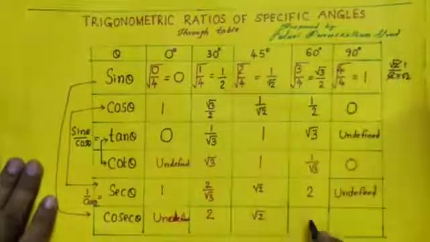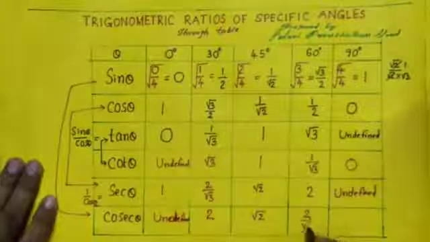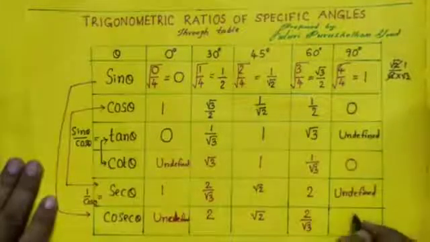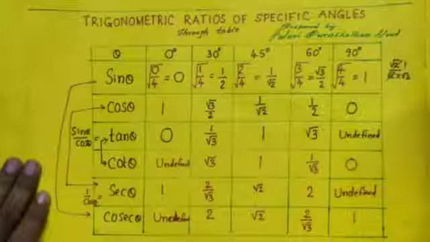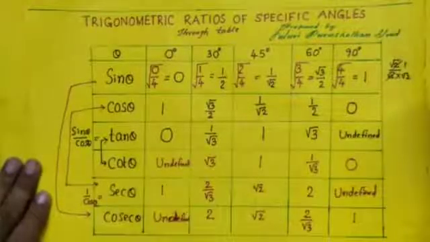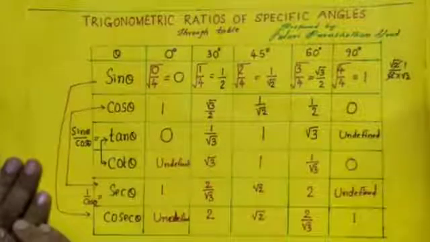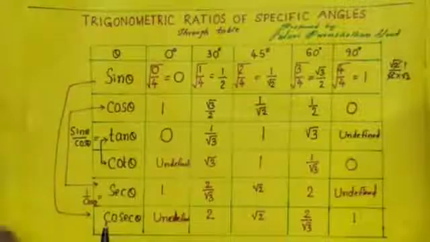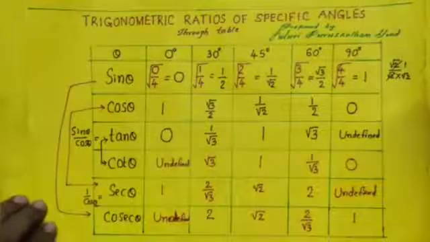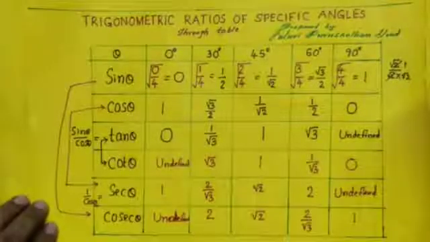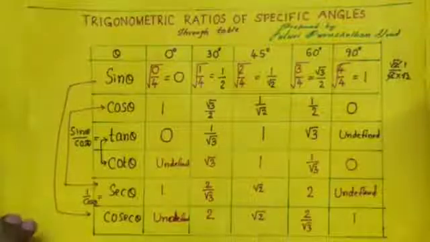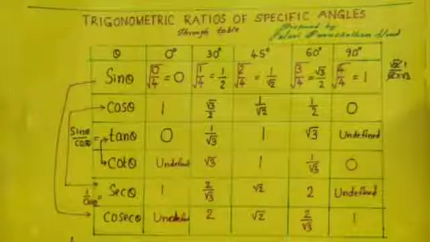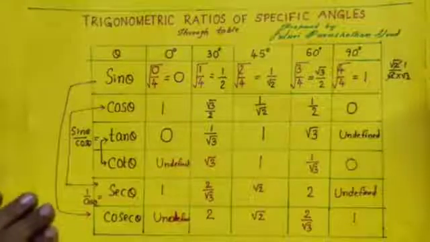Root 3 by 2 reciprocal is 2 by root 3. 1 reciprocal is 1 only. You have to remember these values through this table. It is not a proof. Next video onwards, I am going to explain the proofs of these values. You have to practice this table 5 or 3 times. Then we can easily remember. Is it clear?